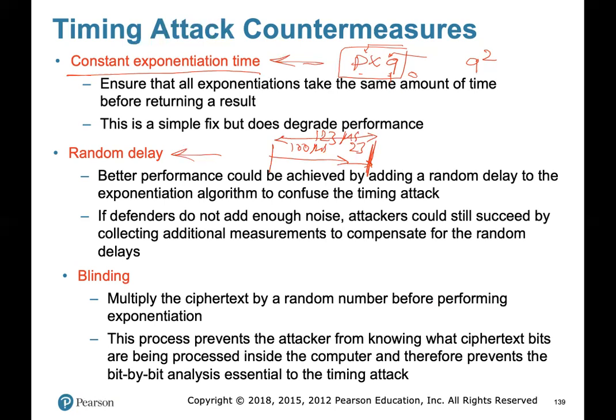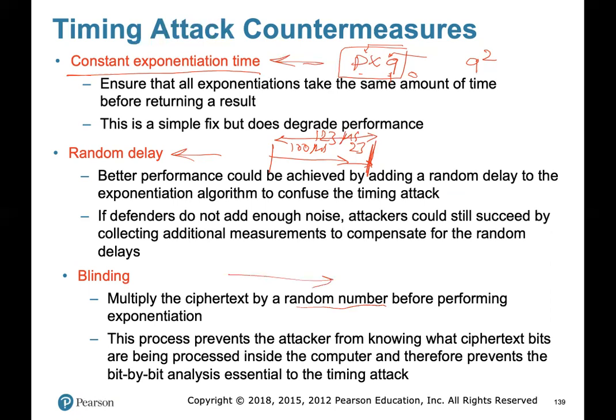And the last countermeasure says use blinding. Multiply the ciphertext by a random number, and then start doing the decryption. Since you are not working on the actual ciphertext in the decryption or encryption process, the timing measurements are going to be all messed up.